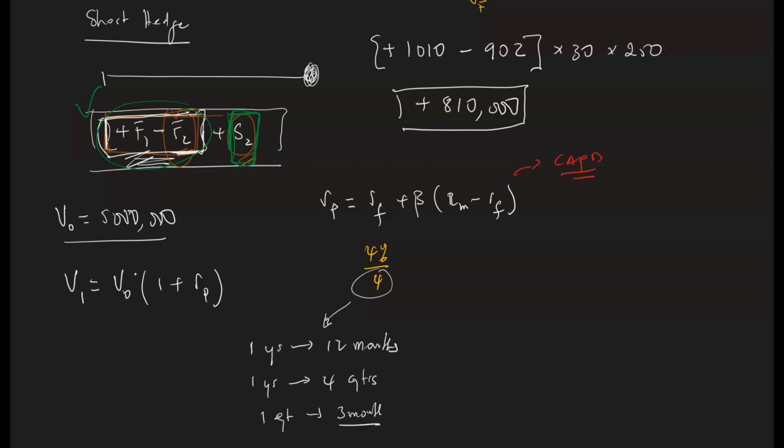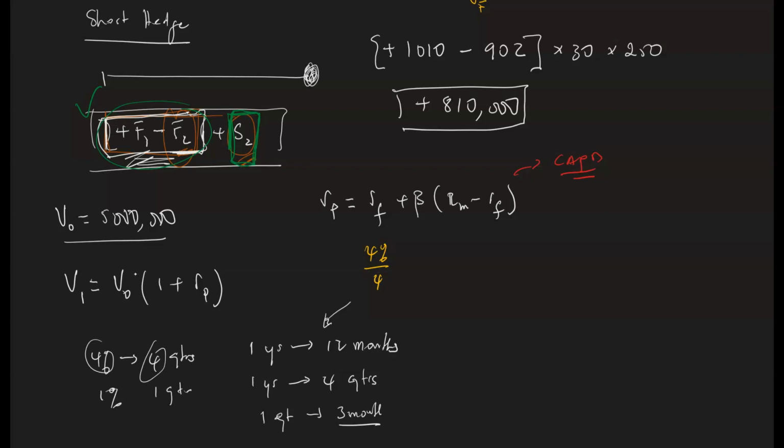So if the 4% is for 4 quarters, what is the interest rate for 1 quarter? That will be 1%, and the way you find the 1% is by doing the 4% divided by 4 quarters. So that's what we would have here.